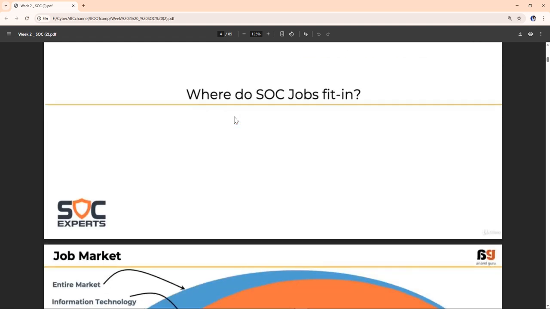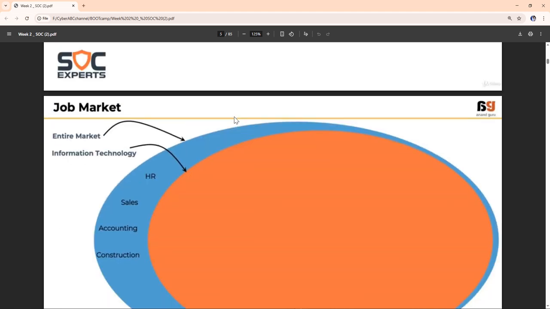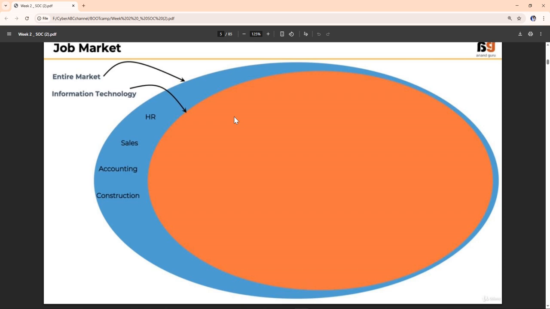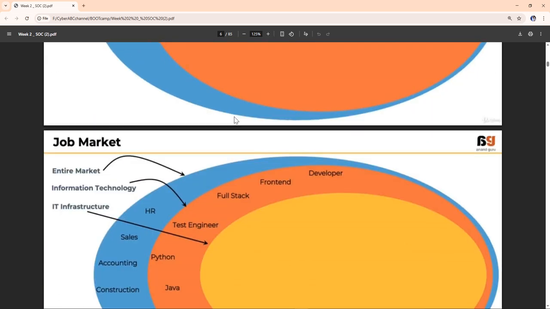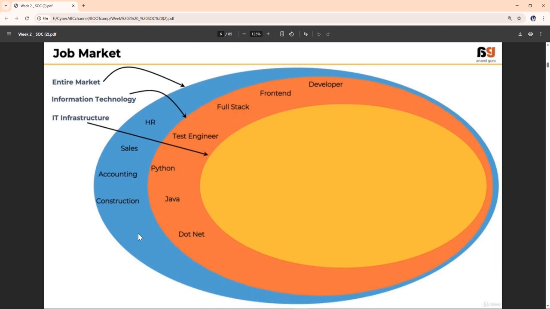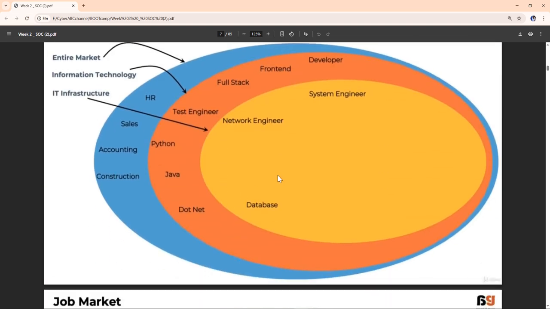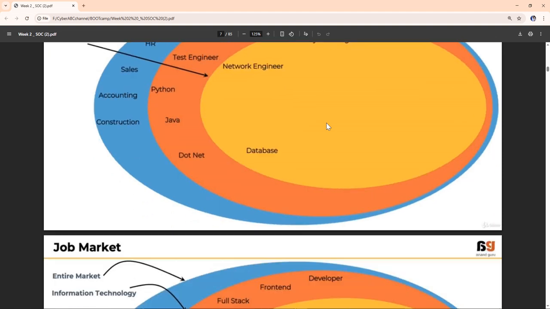So, where does SOC fit in? When we look at the entire job market, we see how the whole structure comes in, where we find the entire market. Then we find some of the technologies that have been powering the market. Inside there we find the engineers, and the little minutes and seconds that make the market tick.